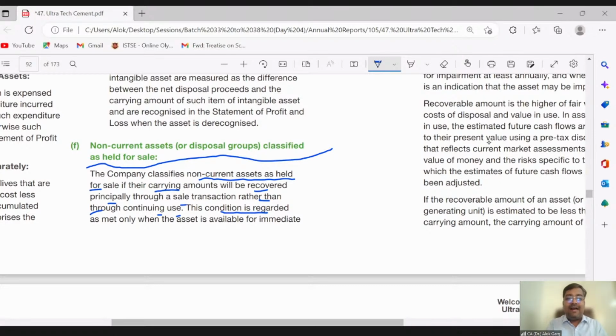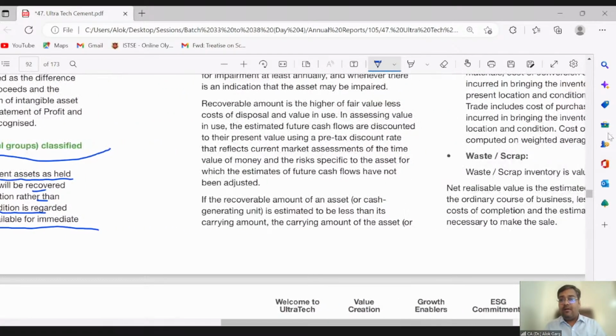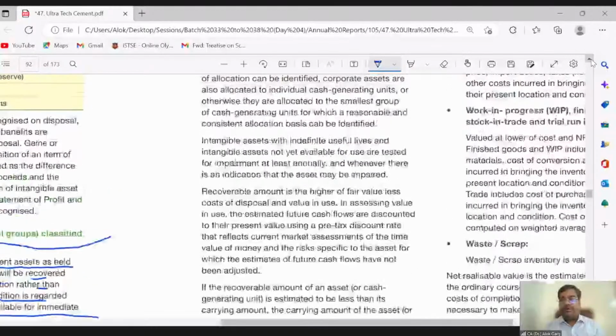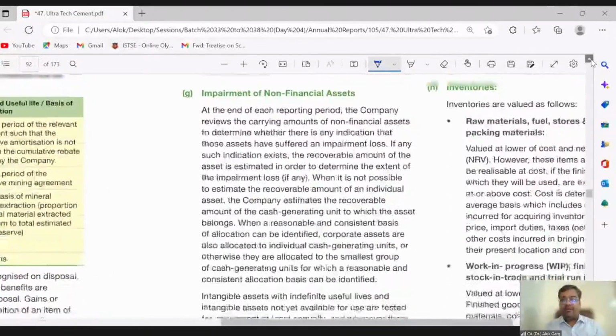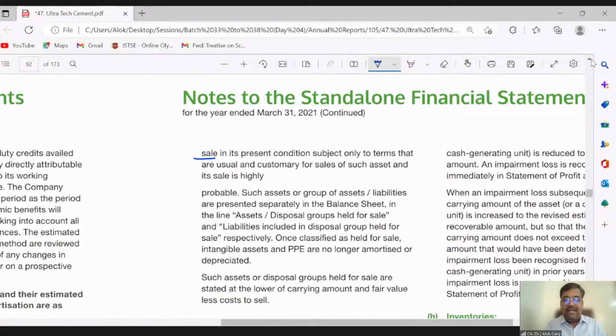This condition is regarded as met only when the asset is available for immediate sale in its present condition, subject only to terms that are usual and customary for sales of such asset, and the sale is highly probable.